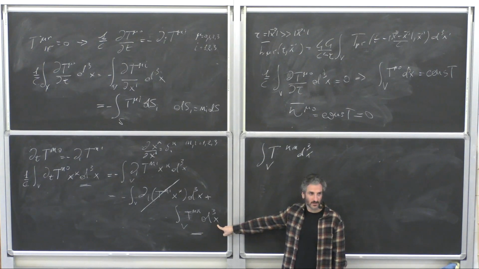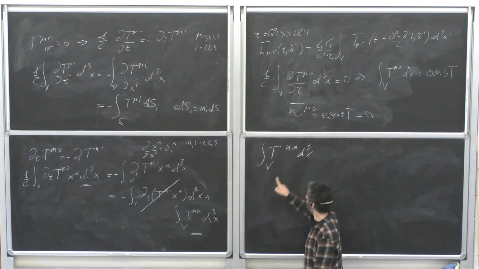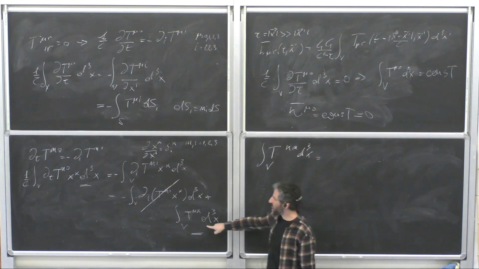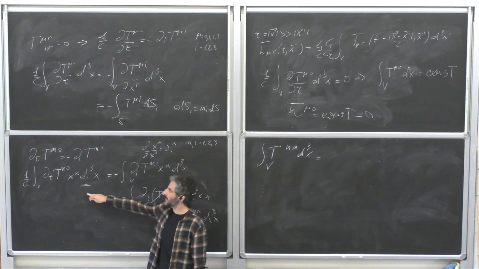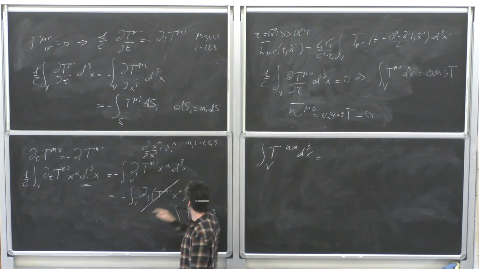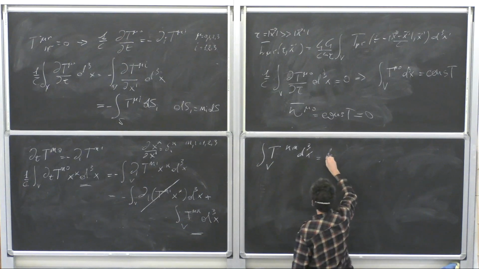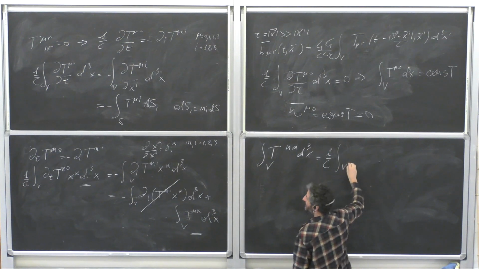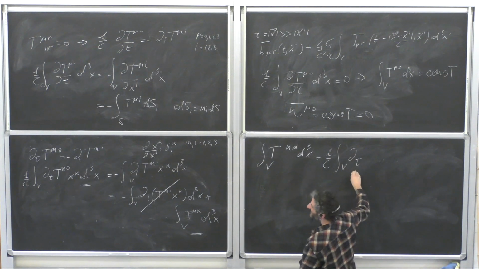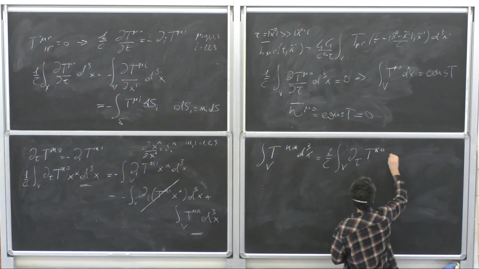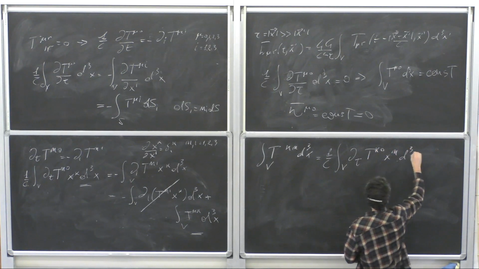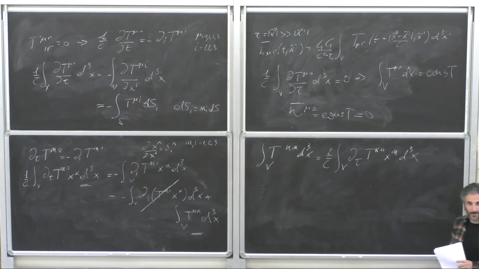Because T^{μν} is a symmetric rank-2 tensor. So if I take this expression and flip the indices, I get 1 over c, the integral over V of ∂_t T^{k0} x^n d³x.